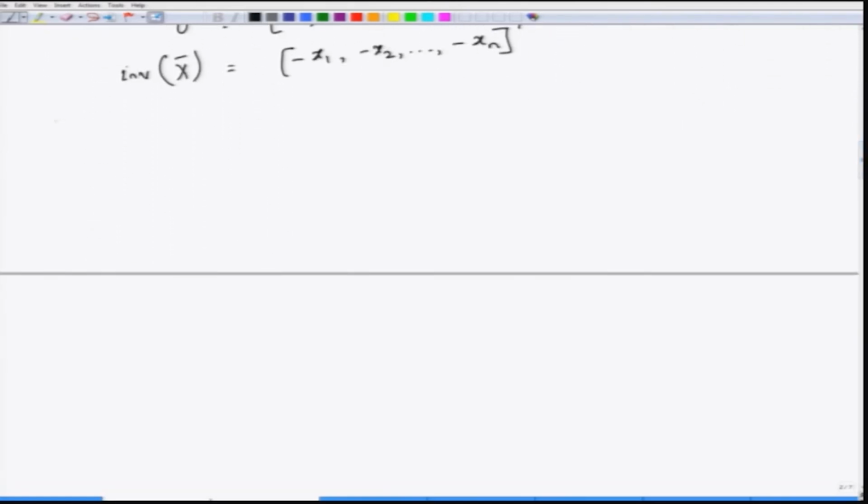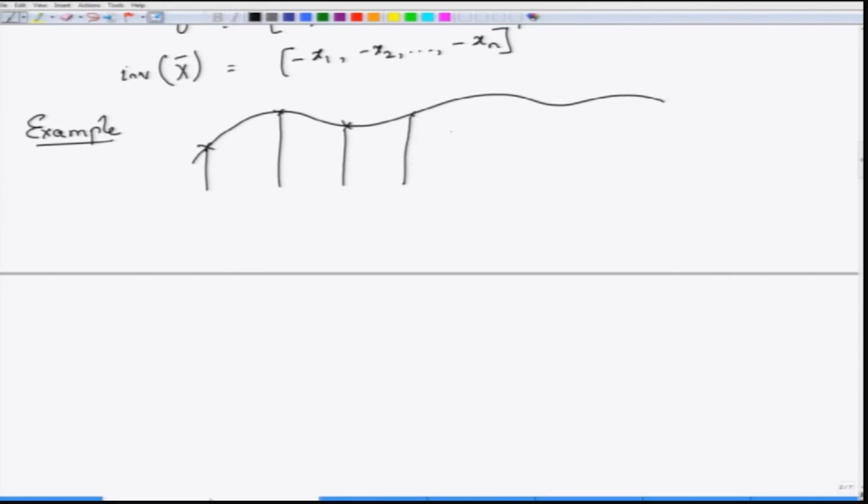Now, is it possible for me to generalize this to an infinite dimensional case? Yes. Suppose I have a discrete signal, okay, which may be obtained by sampling a continuous time signal. Okay. I have sampled these signals and I have generated the sample sequences. So, let us say this is coming off as x of minus 5, x of minus 4 and so on, and let us say this is the point which is x of 0, okay.